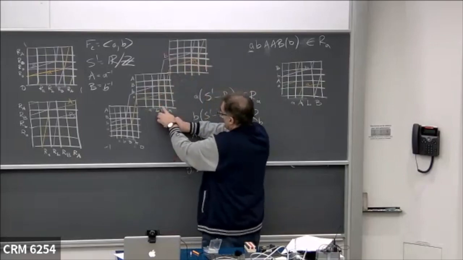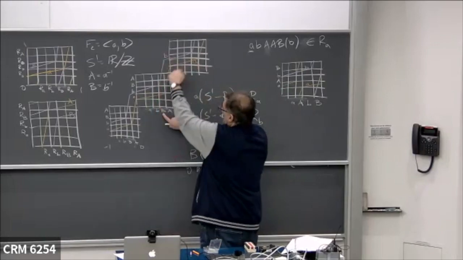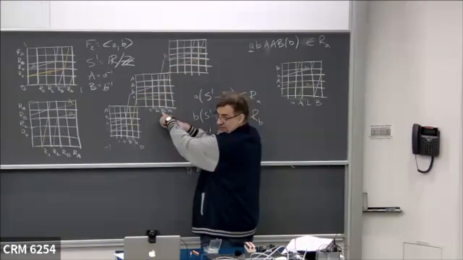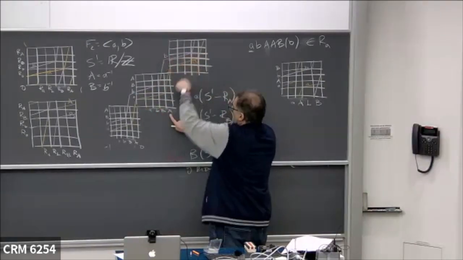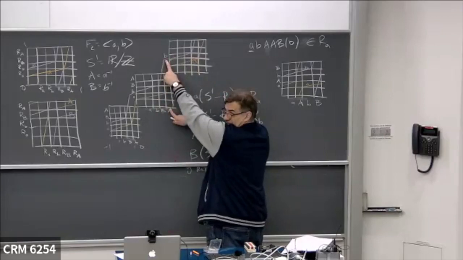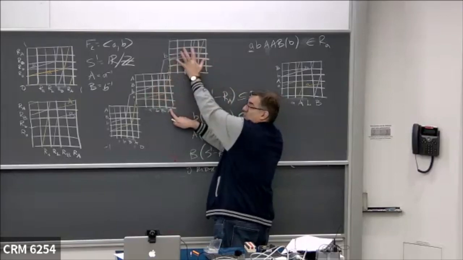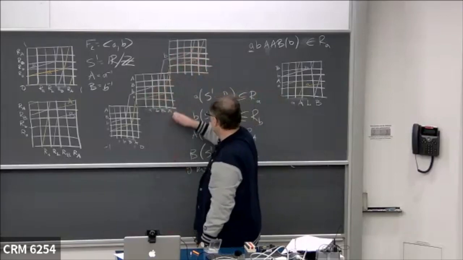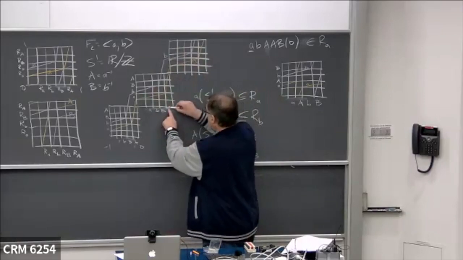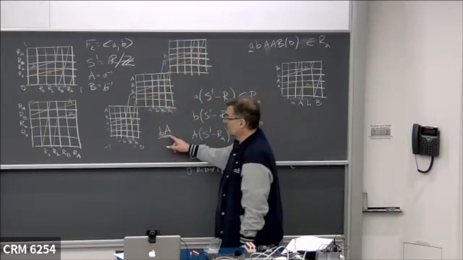So it's impossible to reach the next one from there. How about from here? Again, I cannot reach the next one for the same reason. I cannot apply B to the region that is reserved for B inverse. So the only way to advance is if I was here and then I apply little b. That's the only way to move to the next box. Being here means the previous word was starting with A, and then I'm applying B. Well, that's the appearance of the subword BA.